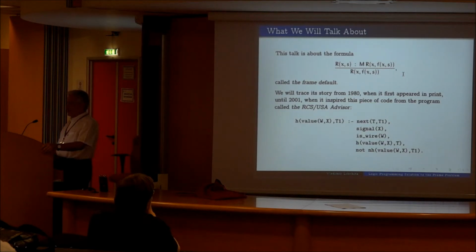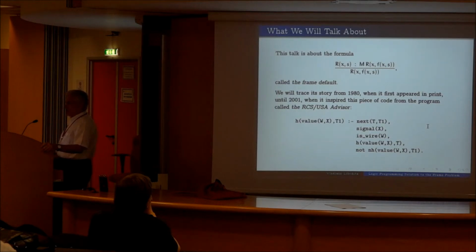This rule that you see here looks like a Prolog rule, but actually it's designed for an execution process that is very different from what Prolog does. It is a quote from the program called the RCS USA Advisor.